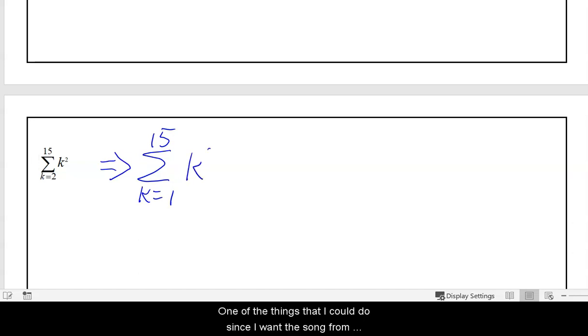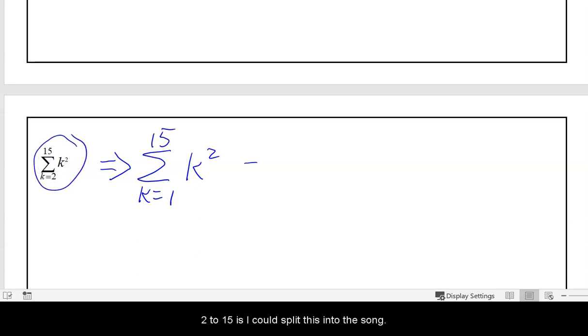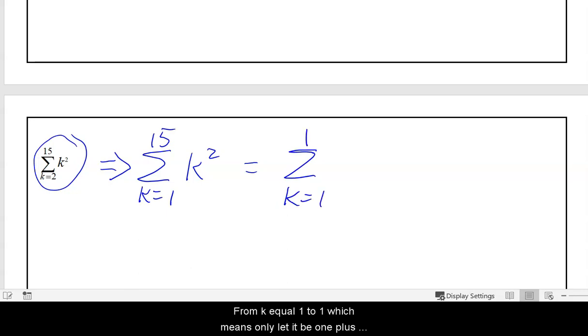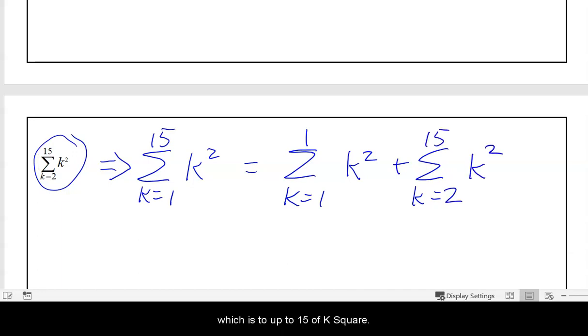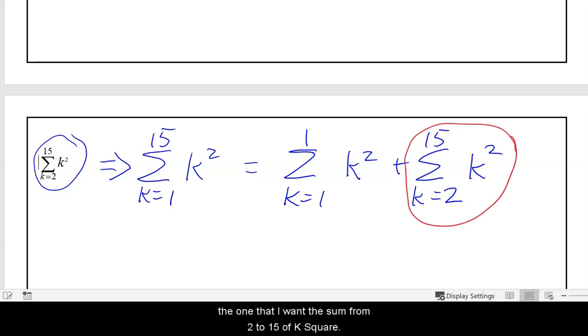One of the things that I could do, since I want the sum from 2 to 15, is I could split this into the sum from k equal 1 to 1, which means only let it be 1, plus the sum from the next number after the upper limit, which is 2, up to 15 of k squared. That will let me solve for the one on the far right, which is the one that I want, the sum from 2 to 15 of k squared.